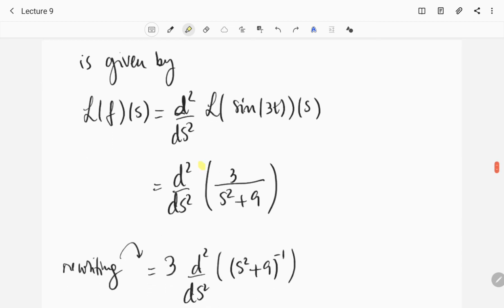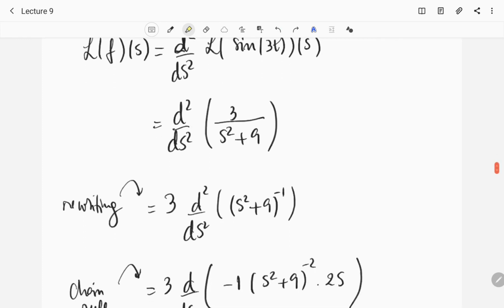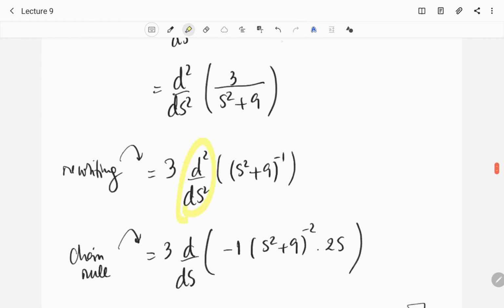So now we know that it is exactly this function, 3 over s squared plus 9, and we have to differentiate this 2 times. Okay, so this 3 can go out of the derivative because it's just a number, and we have to differentiate 2 times this expression that we can rewrite as s squared plus 9 to the power minus 1.